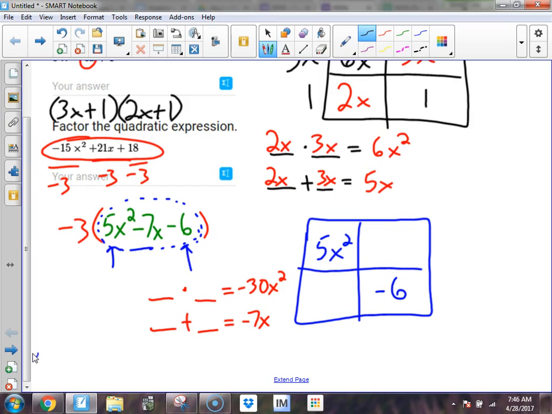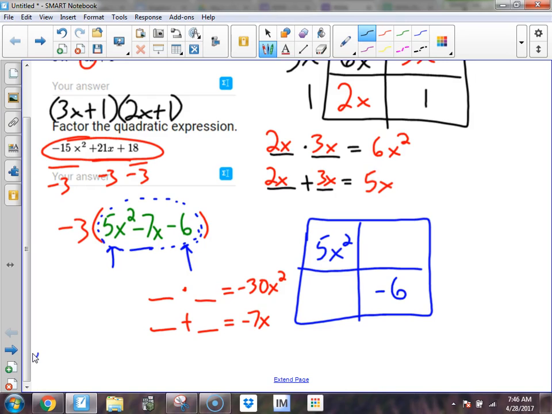Anybody know two terms that will multiply to -30x squared that will add to -7x? Yes? -10 and +3. Notice that she made a specific decision to say -10, not -3. Okay, the other direction wouldn't work. If I had -3 and +10, then I wouldn't get a -7x.